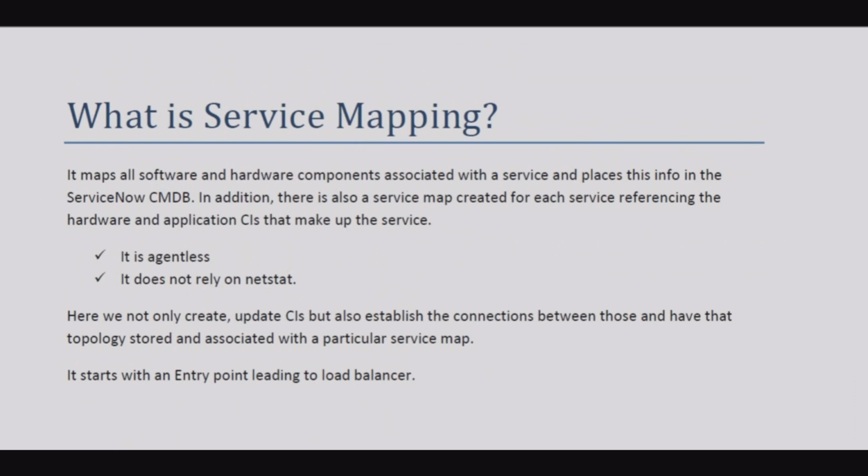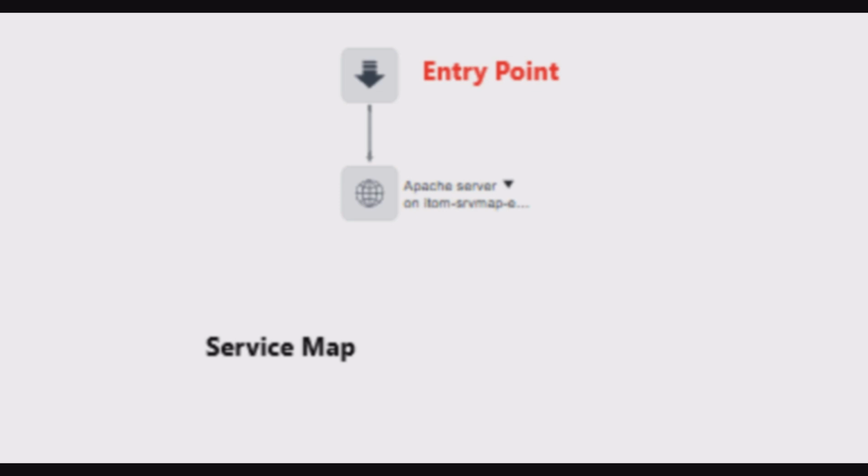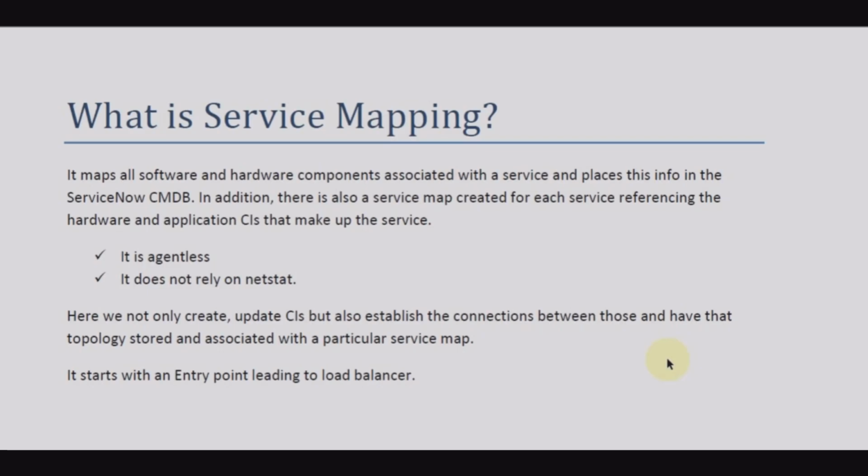The discovery process is only going to locate, identify, and update CIs that are relevant to this specifically defined service. This is the difference between the top-down mapping of service mapping and the bottom-up discovery of horizontal infrastructure discovery. When we view the service map, we will see that it starts with the entry point leading to the load balancer and then the components.